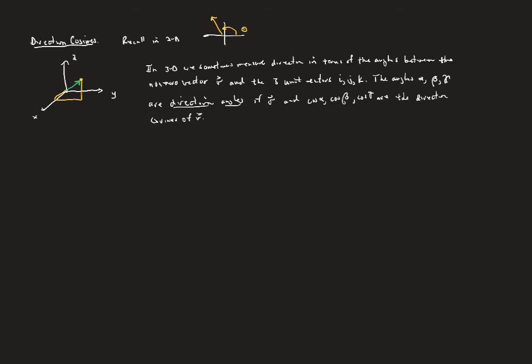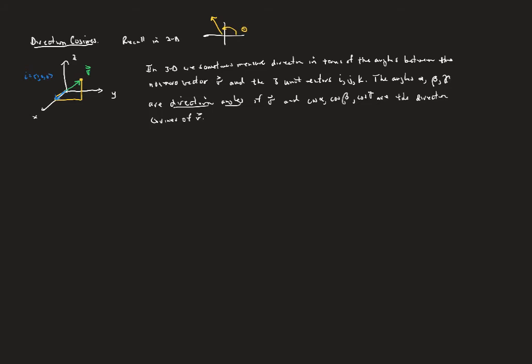So let's see what that picture looks like. So we have our green vector V there. So this is our vector V. Now I is that unit vector in the direction of the x-axis.